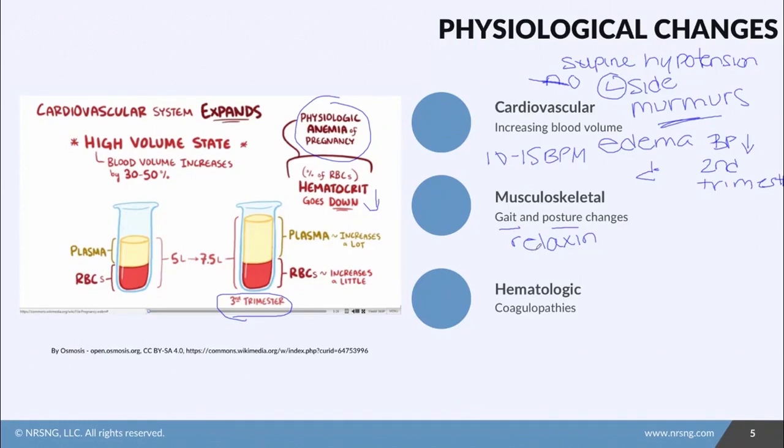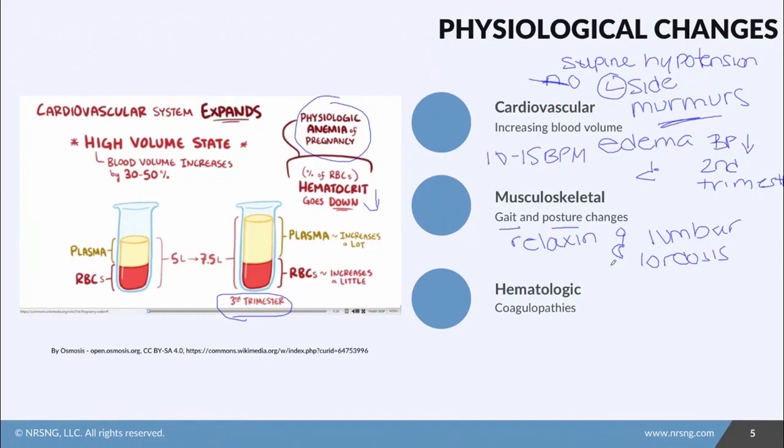So for a patient, we see that lumbar lordosis. I'll write that. Lumbar lordosis. And that is where your pregnant patient's back is going to kind of cave in with the pregnancy, okay? It's trying to regain that center of gravity and that balance.